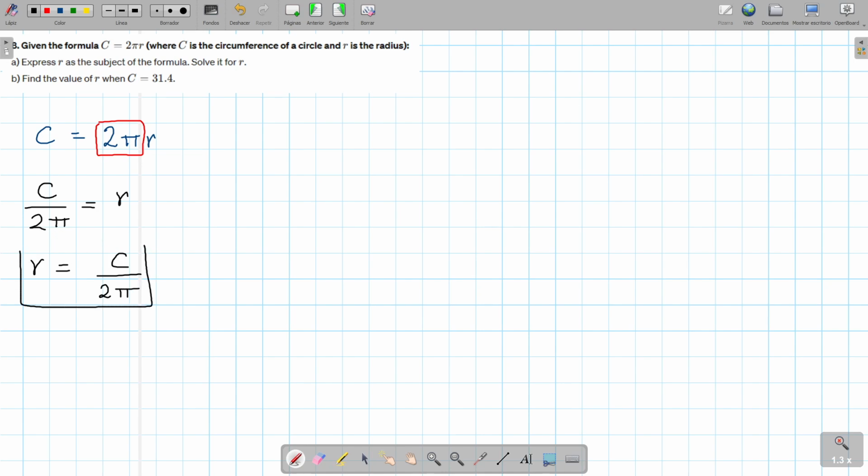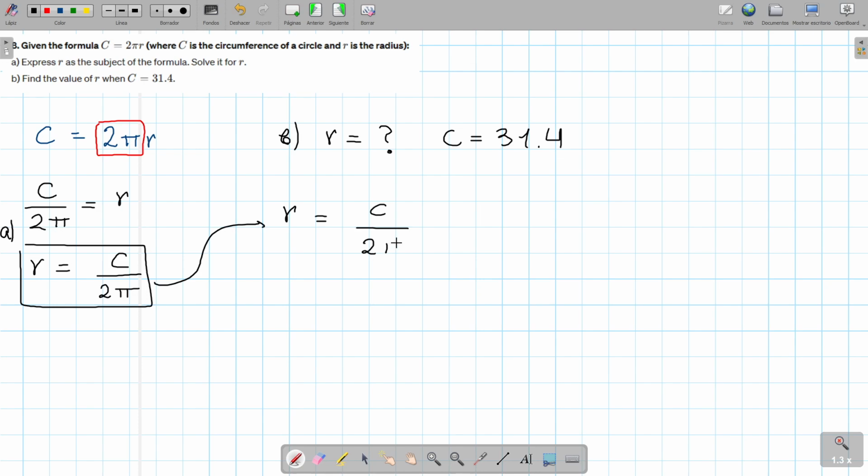Now, the question says this is the solution for A. For B, it says find the value of the radius. What is going to be the value of the radius if the circumference equals 31.4? So, the radius, because I have found the formula, will be c over 2 times pi.